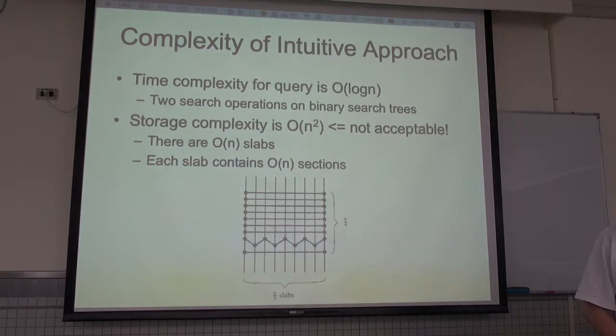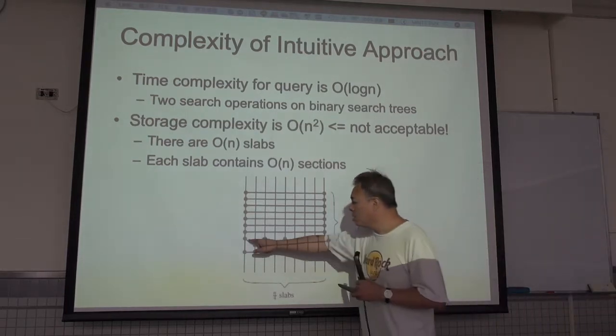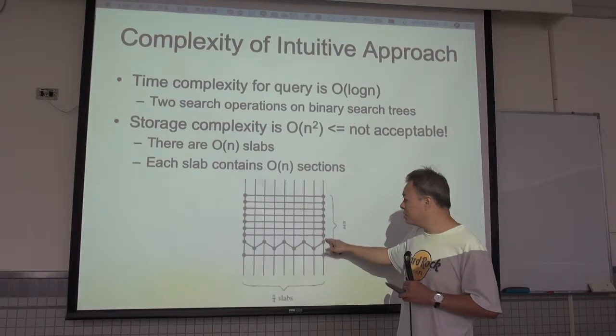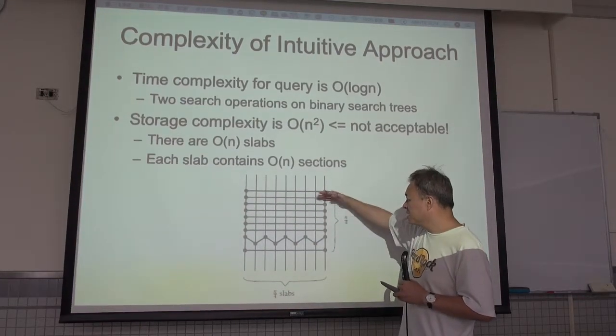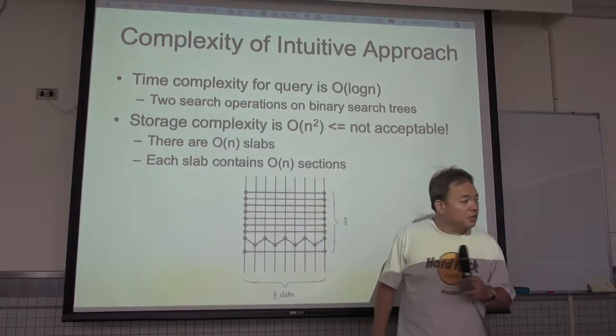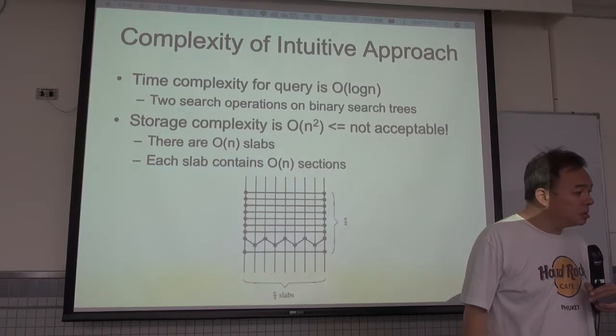Because we have n over 4 small line segments and n over 4 of these line segments. So totally how many? n over 4 plus n over 4, right?